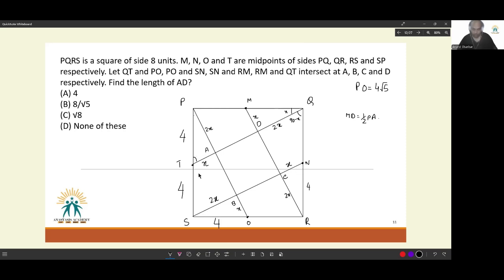X will be confusing now because it is also associated with length. Let's say this angle is A, then this angle will be 90 minus A. This angle will also be 90 minus A. Additionally, this angle will be 90 minus A. So this angle here is A.